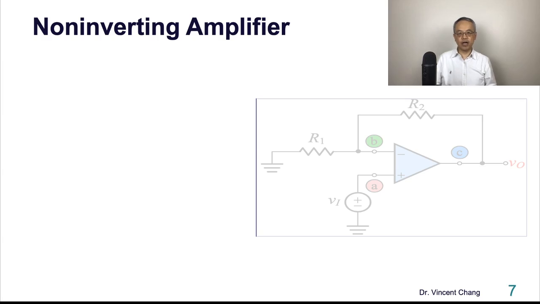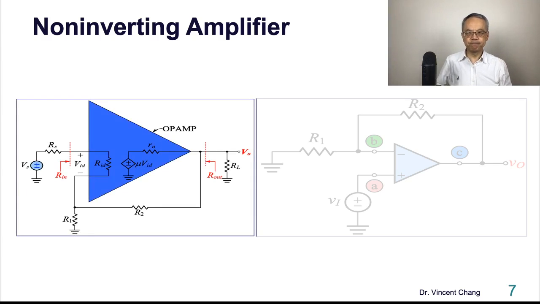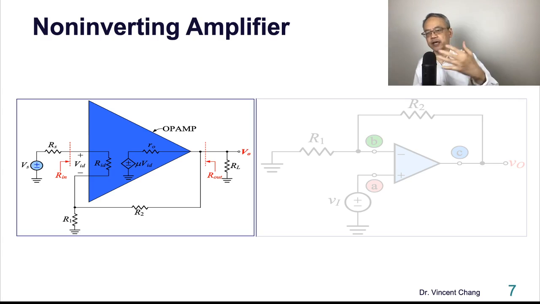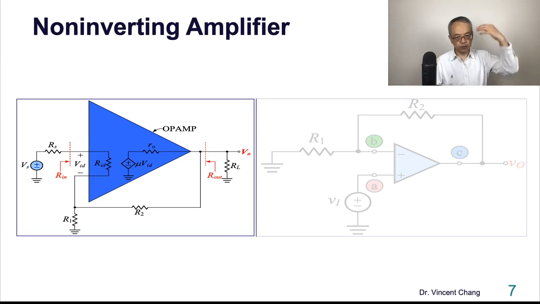All right, I'm back. So what feedback topology is this non-inverting amplifier? These two are kind of equivalent, right? Not exactly equivalent, because the right-hand side circuit is a special case of the left-hand side circuit.